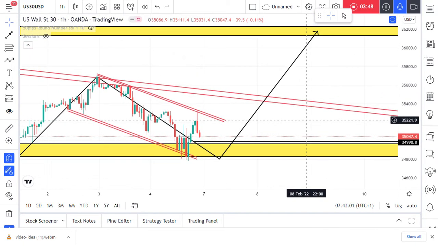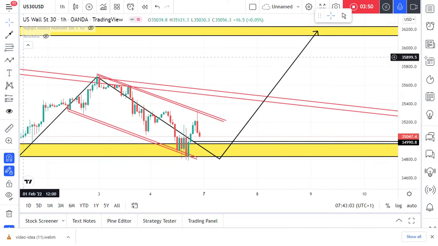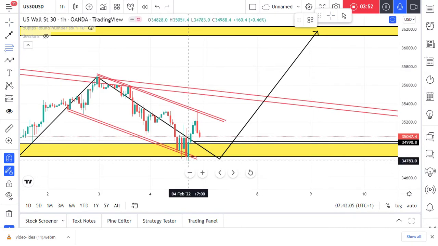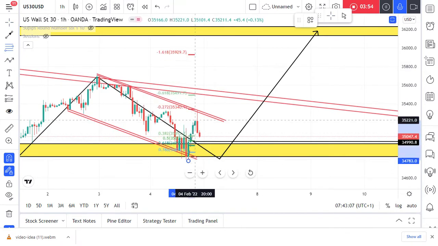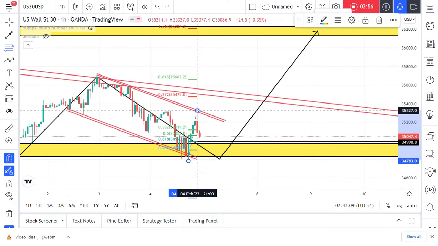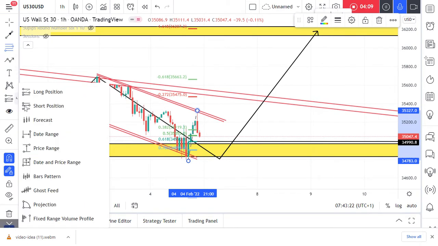If you take the fib tool and we drag from this bottom to this top, you will notice that my 0.618 fib retracement level is somewhere around this black horizontal ray. So what I'll be looking out for on Monday, or once the market resumes, is for price to drop down to this area, to this 0.618 fib level.